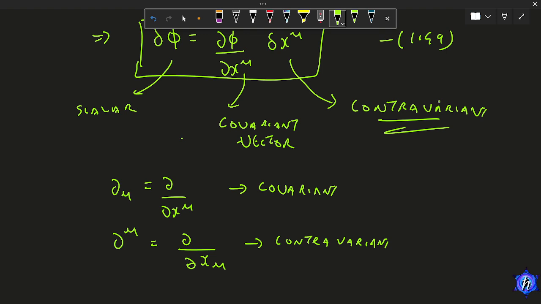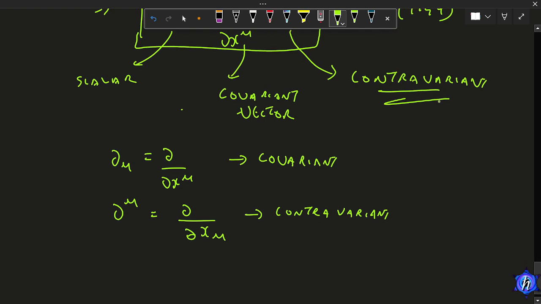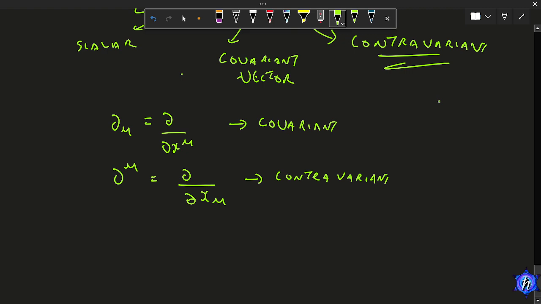You see this is up, so you might think this must be a contravariant vector. No, it's in the denominator. So in the denominator, when this index goes up, it becomes downside. That's why it's a covariant. And similarly this one. So we don't confuse it.